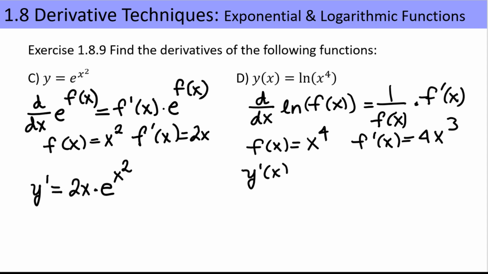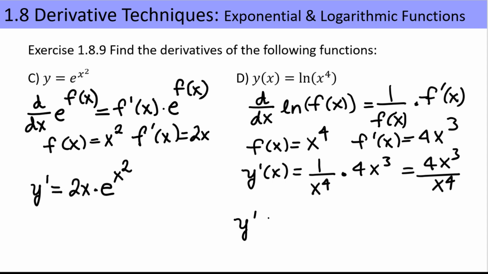Now we're ready to find the derivative of y of x. So y prime of x is equal to 1 over the function, that's 1 over x to the 4th, times, then we have 4x cubed, that's the derivative f prime of x. When simplified, that's 4x cubed divided by x to the 4th, and it further simplifies to 4 divided by x.